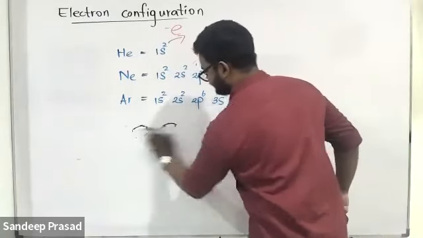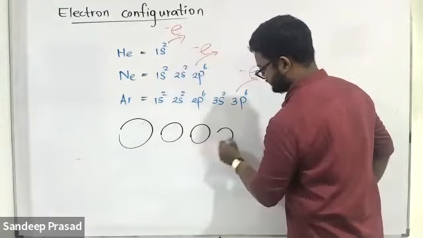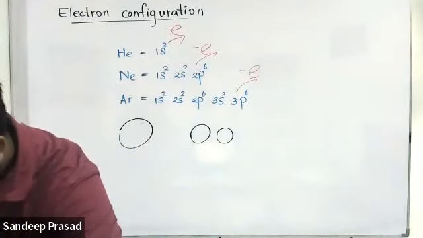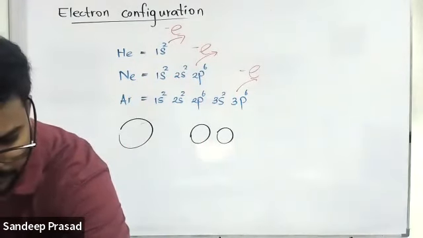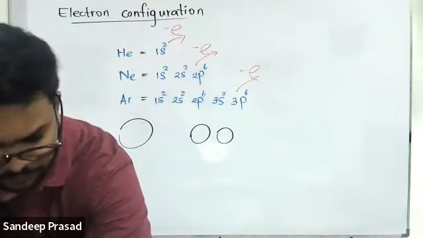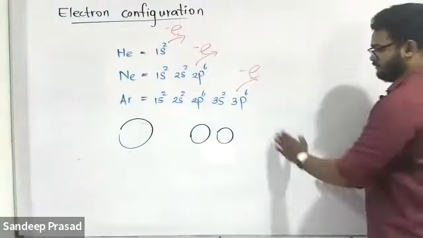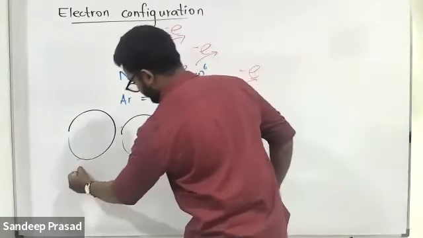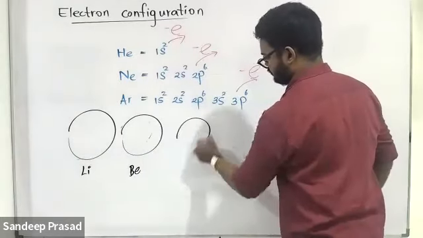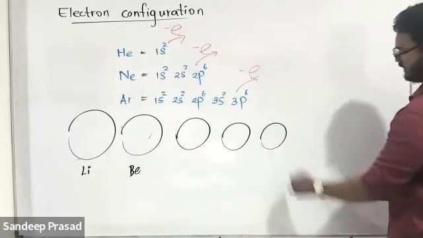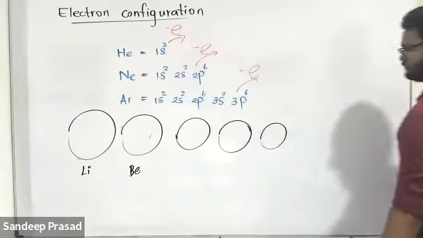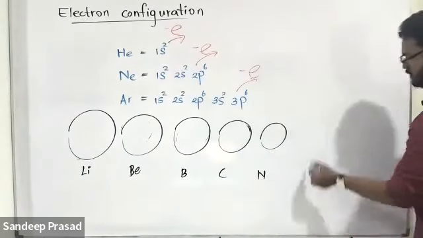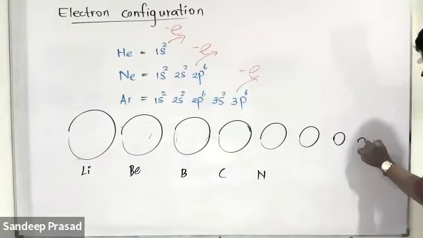If you consider the second period elements: lithium, beryllium, boron, carbon, nitrogen, oxygen, fluorine, and neon.